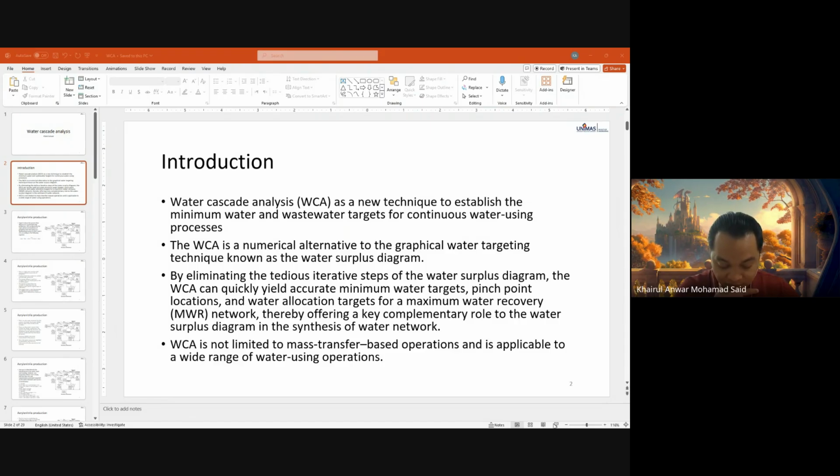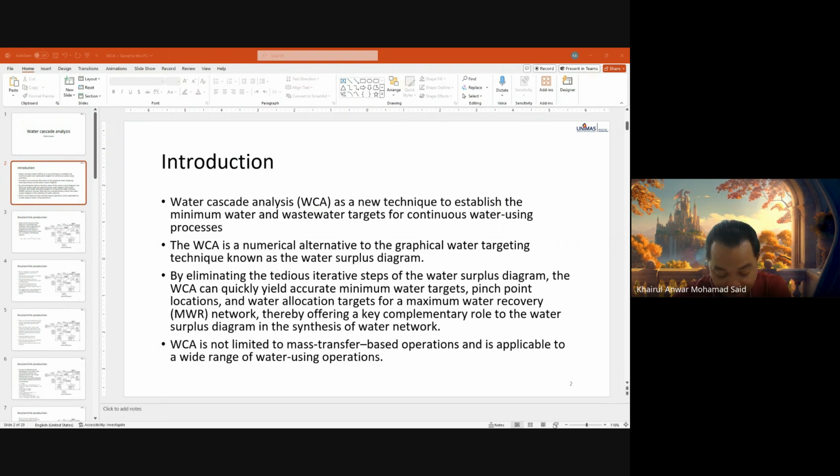Highly inaccurate due to calculation error? That one is not so much calculation because it's a graphical method. But what we learn today, yes, it's a lot of calculation. Requires detailed trial and error iterative steps to find the pinch, which is true.